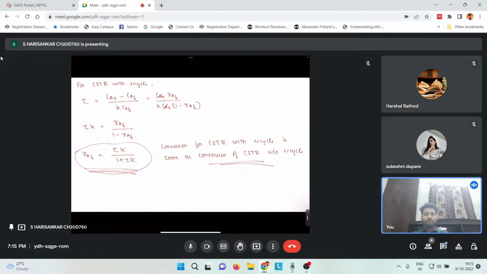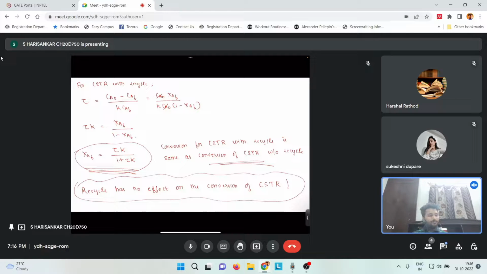So basically what this means is, recycle has no effect on the conversion of CSTR. So this is the important takeaway from this whole numerical manipulation that we did.